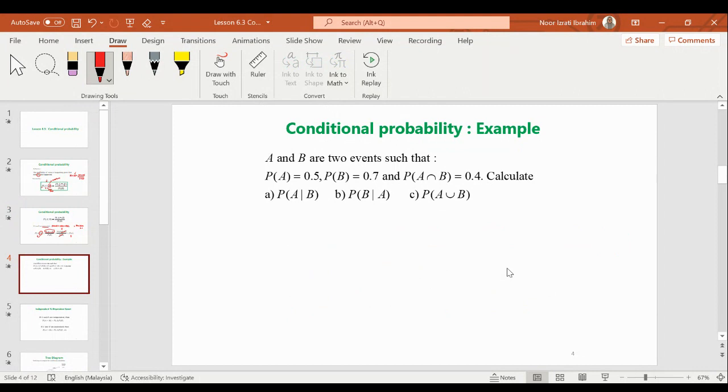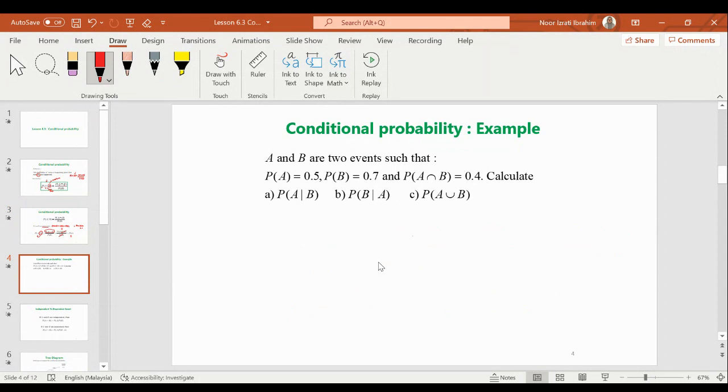Let us look at an example of how we apply the formula. Let's say we are given probability of A is 0.5, probability of B is 0.7, and probability of A intersect with B is 0.4.